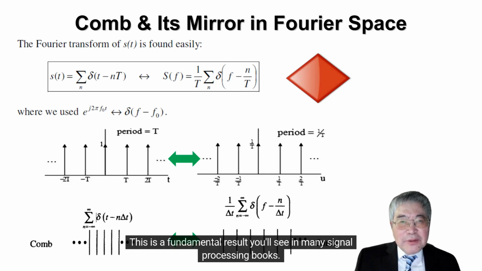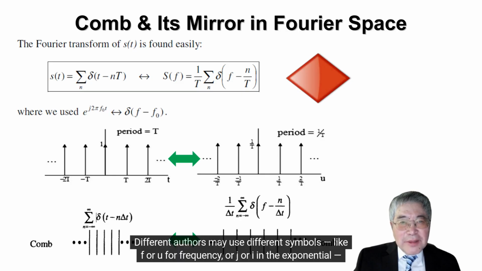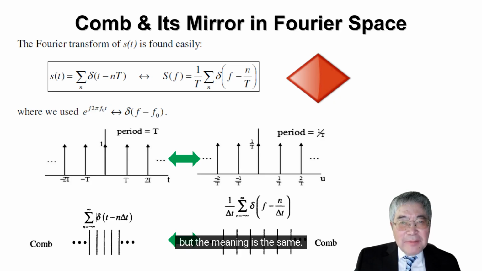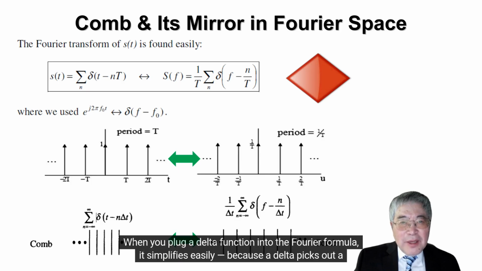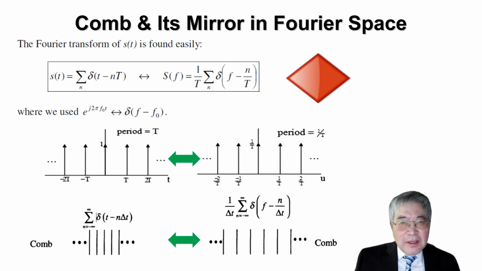This is a fundamental result you'll see in many signal processing books. Different authors may use different symbols, like F or U for frequency or J or I in the exponential, but the meaning is the same. Also keep in mind that delta functions are really convenient in Fourier analysis. When you plug a delta function into the Fourier formula, it simplifies easily because a delta picks out a single point.